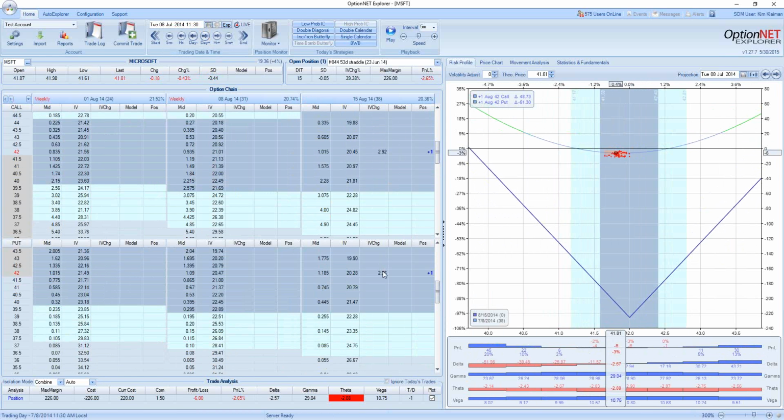So the implied volatility did go up, but it didn't go up quickly enough, and negative theta was stronger. So the trade at this point is down almost 3%.